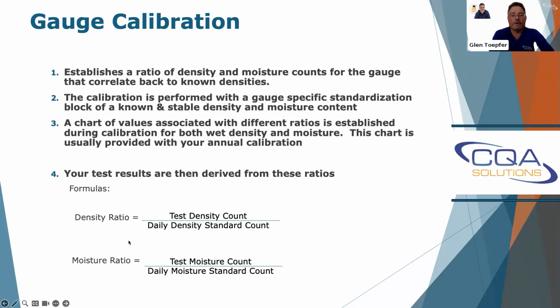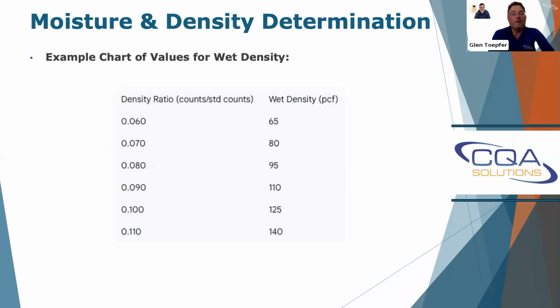And the same for the moisture ratio: test moisture count divided by the daily moisture standard count. So that's why the standard counts are somewhat important. This is an example of a chart you might get back with your calibration, with different density ratios that correspond to the different wet densities here.